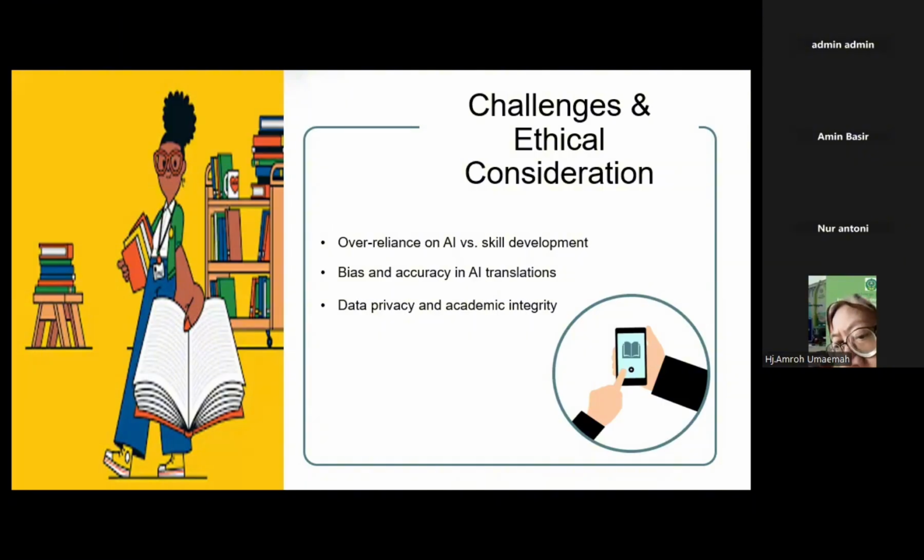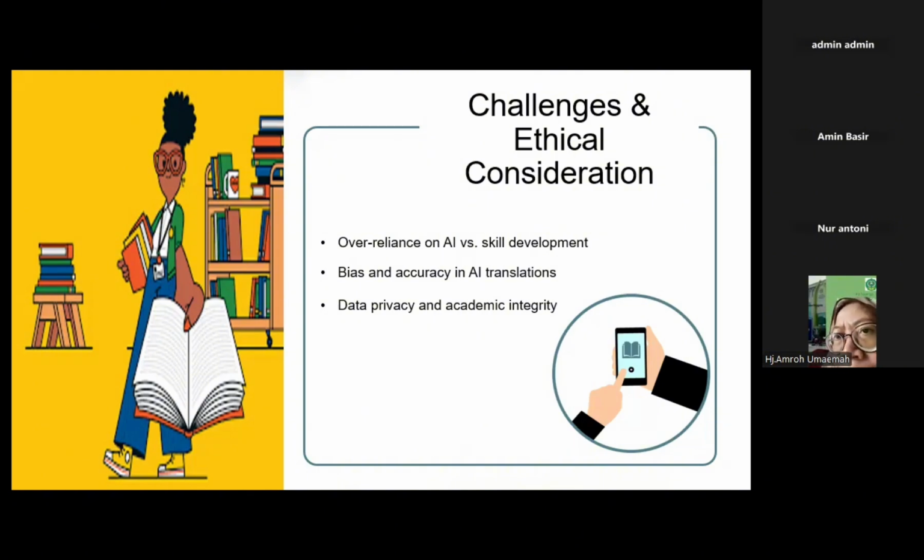We don't rely on AI too much, yeah? Because if we rely on AI too much, then the AI becomes smarter and we're not. So I think we have to use both, AI as an assistant and our own knowledge to translate the text.